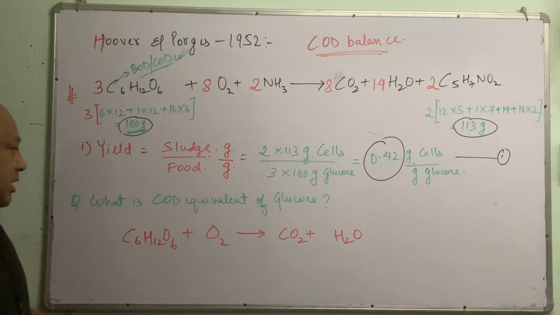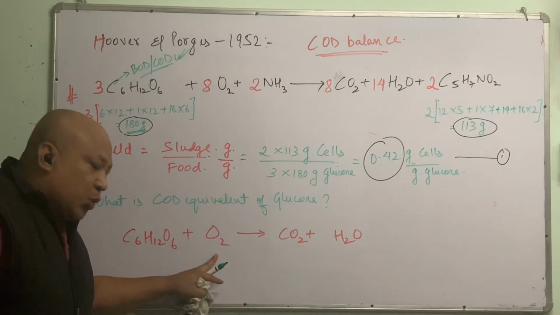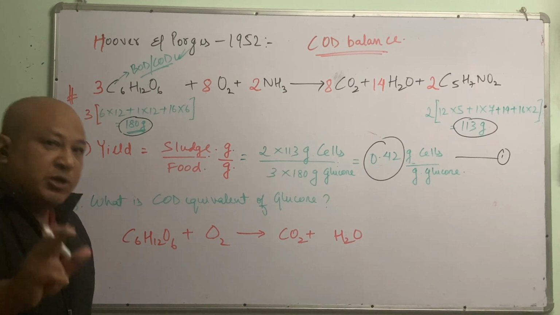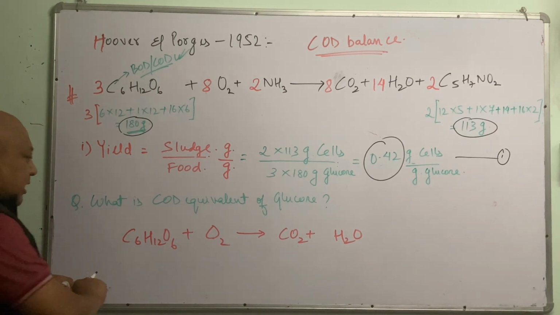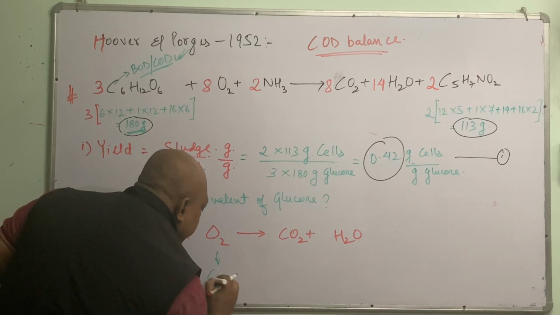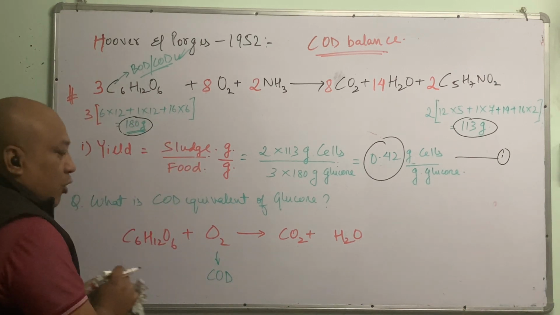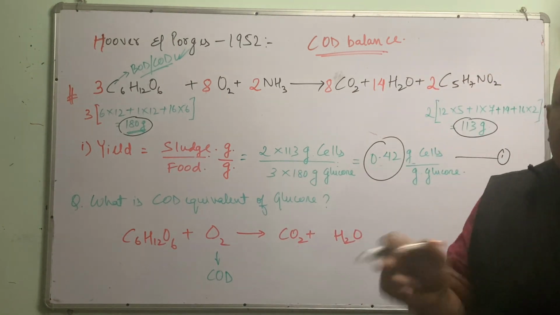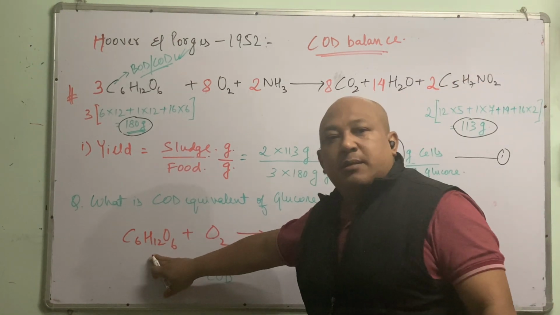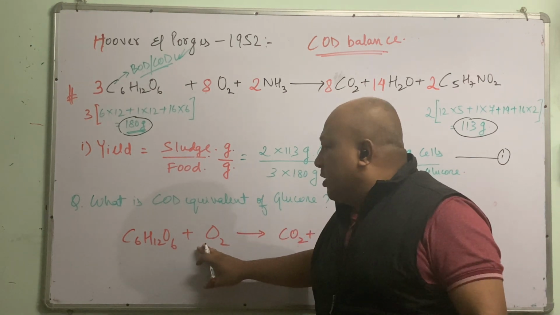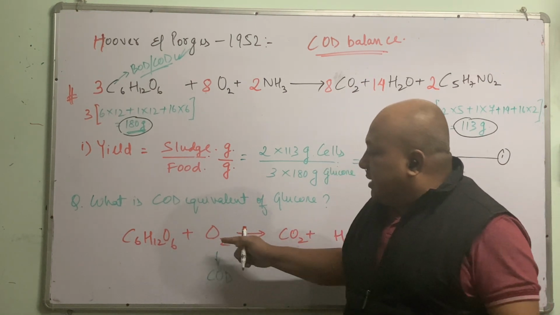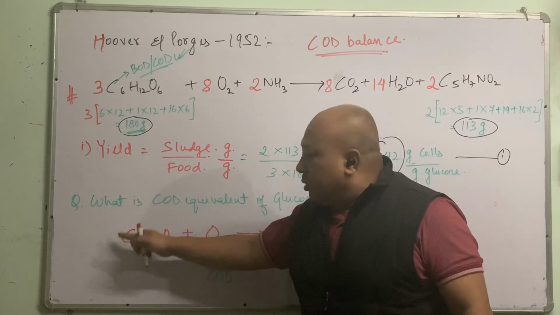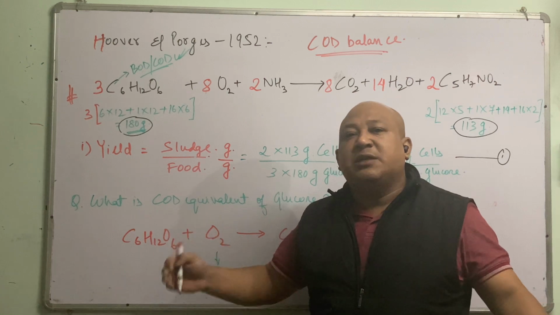The amount of oxygen required for the glucose to be oxidized is the COD. So indirectly, the amount of oxygen required to chemically degrade the substrate is called the COD.